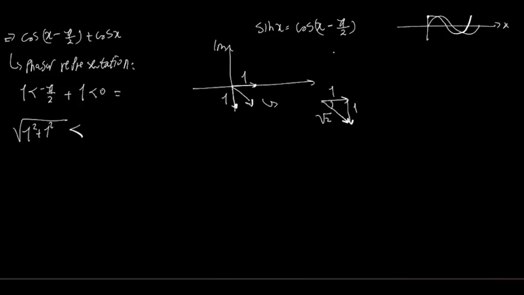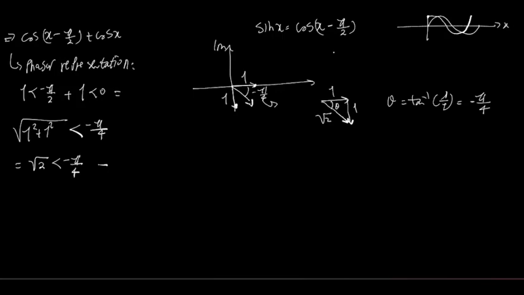The angle it makes we can find pretty easily: it's equal to tan inverse of 1 over 1, which is pi over 4. But it's negative pi over 4 because it's in this quadrant. So now the angle is negative pi over 4, and the phasor representation of that is just root 2 at negative pi over 4, right?